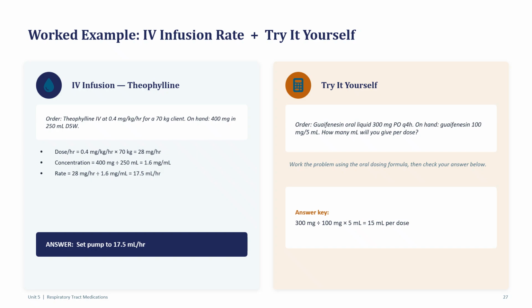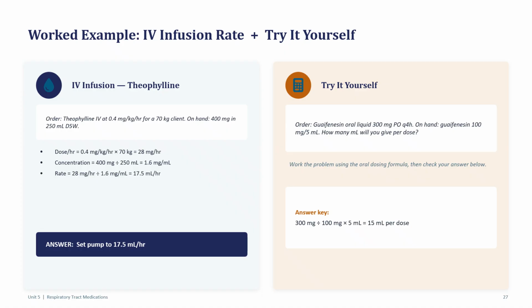Okay, now it's your turn to work this next question on your own. Pause the video here, genuinely pause it, work through it, and then press play and see if you worked through it the correct way and came up with the correct answer. Guaifenesin oral liquid is ordered at 300 milligrams every 4 hours, and you have 100 milligrams per 5 milliliters on hand.